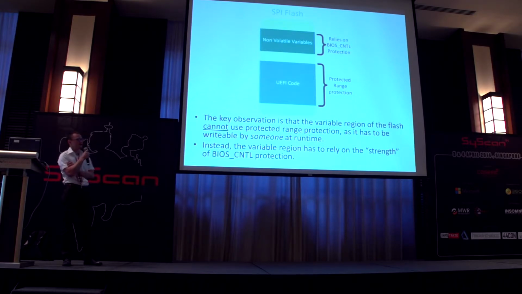That's because these EFI variables have to be able to be updated by someone. So the UEFI code is pretty locked down. It can use these protected range registers, which are pretty solid and pretty simple security mechanism. But the EFI variables are forced to rely on the BIOS control protection.